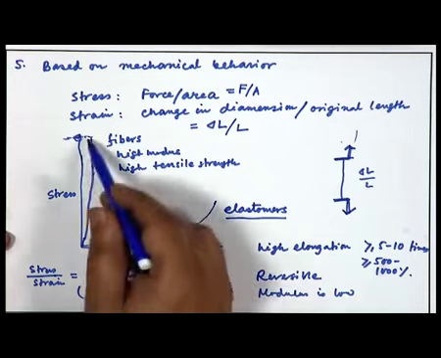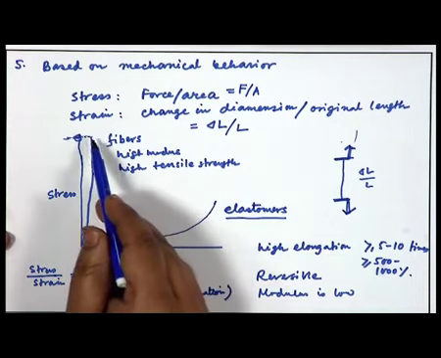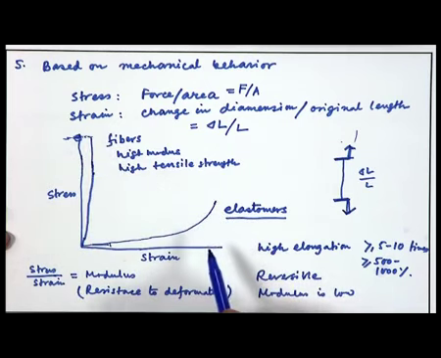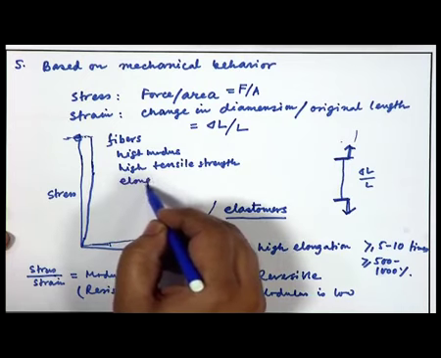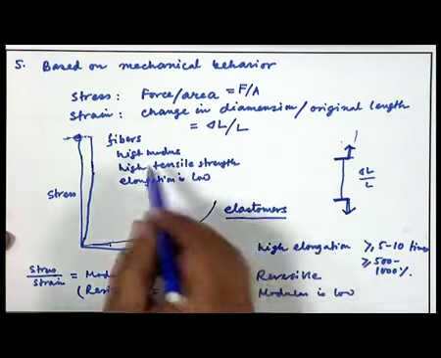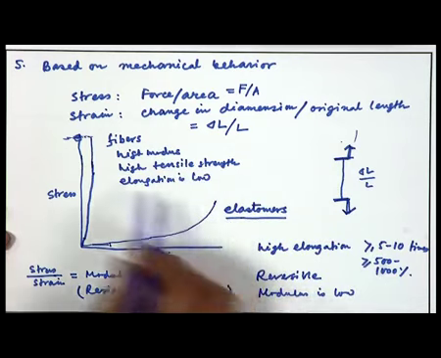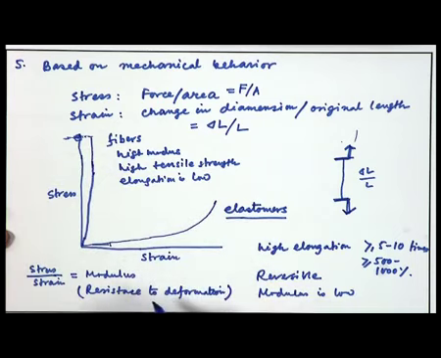So, that is called tensile strength. In this case tensile strength would be very high, whereas in the other case it is not that high, and the elongation is low. So, it is basically exactly the opposite of fibers and elastomers.